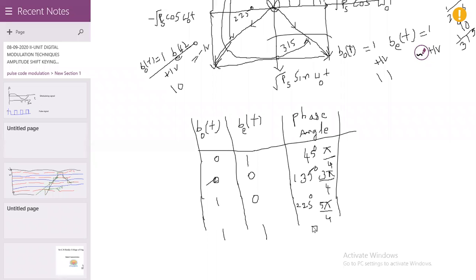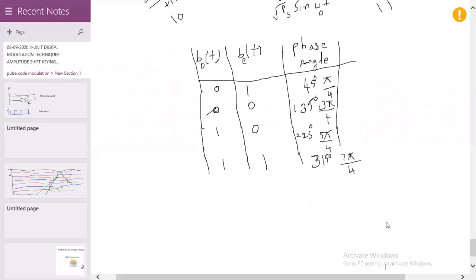So that is 315 degrees, that is 7 pi by 4. So like this, these are the phase angles according to the symbols.